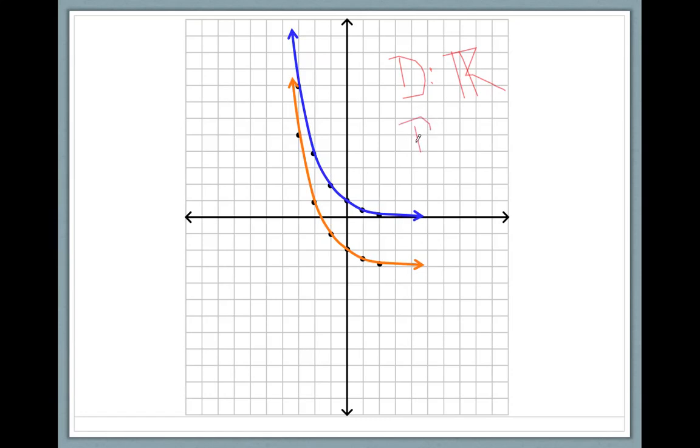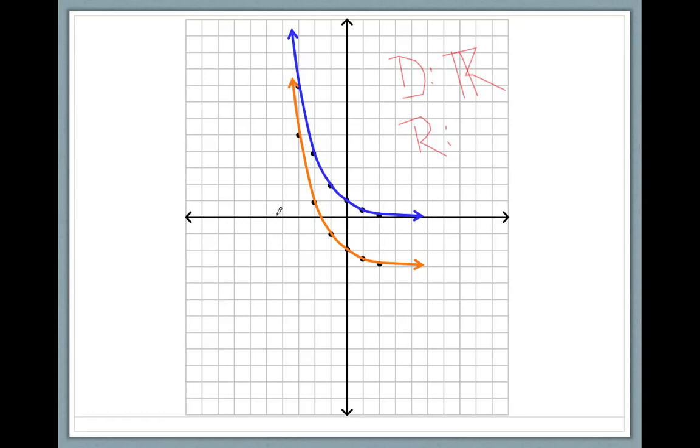What about the range? Did the range get affected by the -3? Well, the answer is yes, because -3 was a k value. K moves our graph up and down, and so that means that the asymptote that we had here at 0 also got moved, in this case down 3 units.